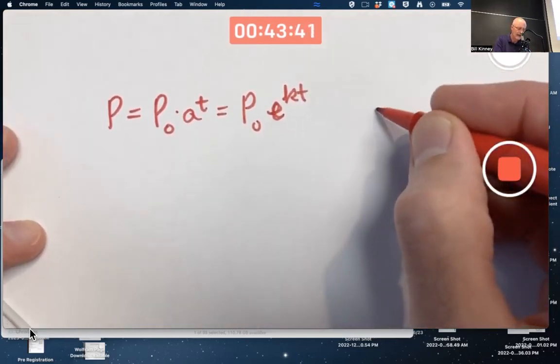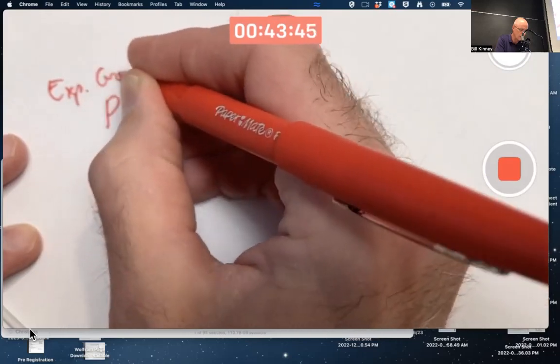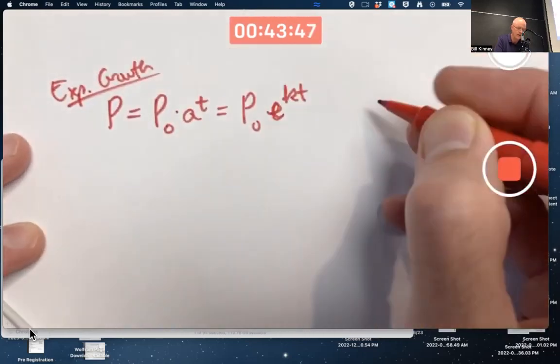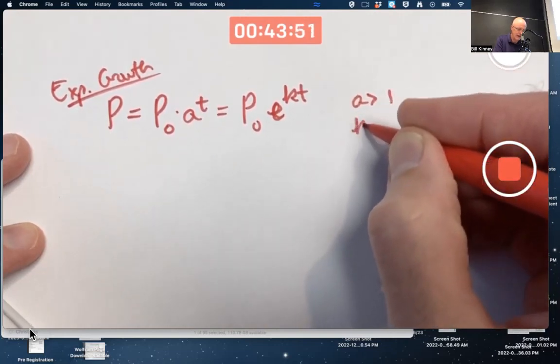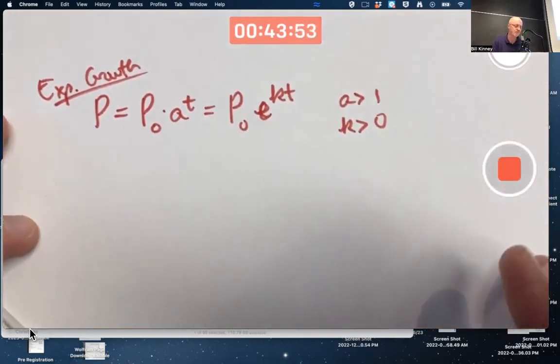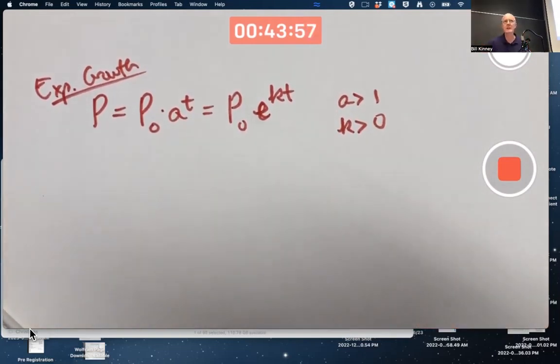Where this is going to be exponential growth. A is bigger than 1, K is bigger than 0. P0, they use P's here because they're thinking about applications regarding population. So P0 is like an initial population, but it doesn't have to be a population.